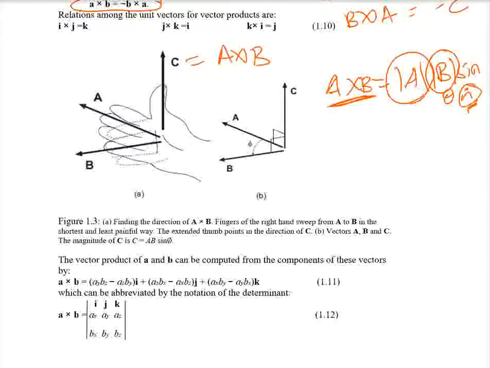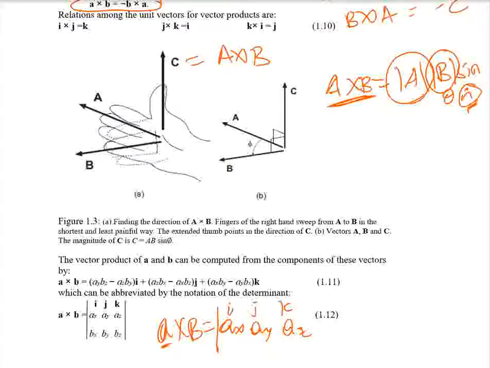And to do the cross product of two vectors, always use the determinant technique. Here we have a determinant. First, when you write this determinant, A cross B is equal to, first you must write I, J, K. And since the first vector is A, you must write the value of A in the X, the value of A in the Y, and the value of A in the Z direction.